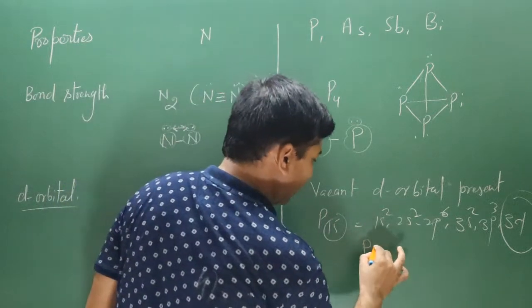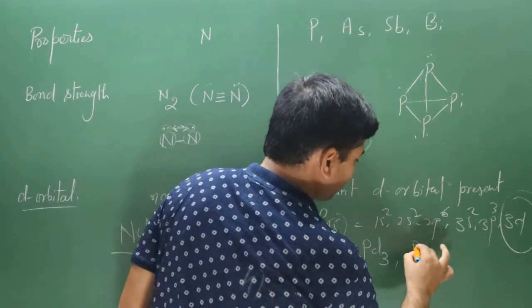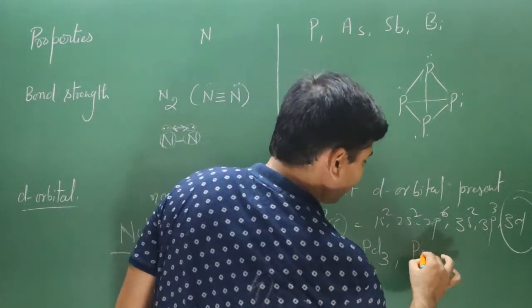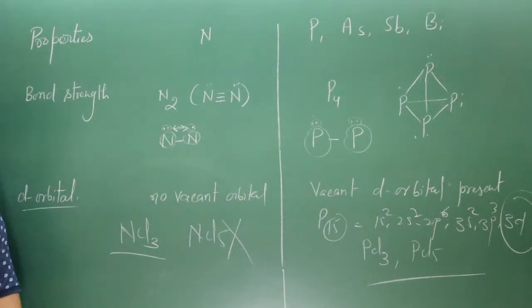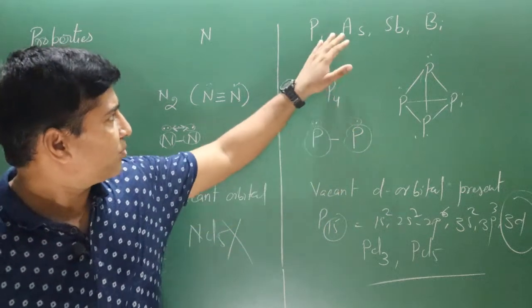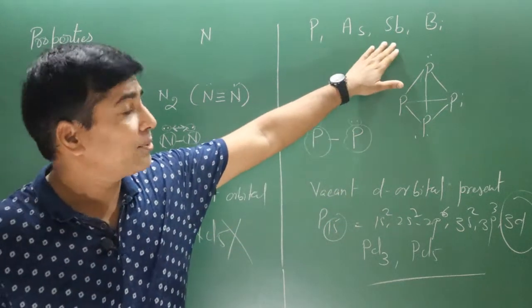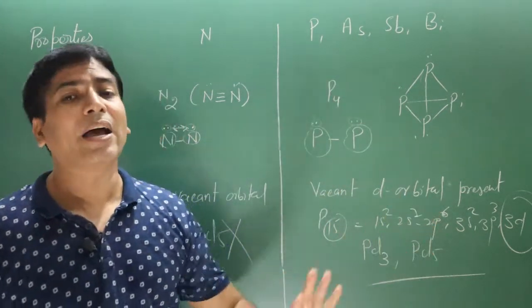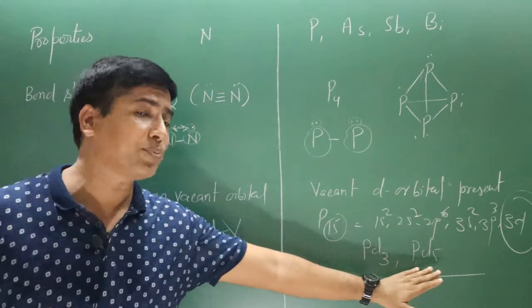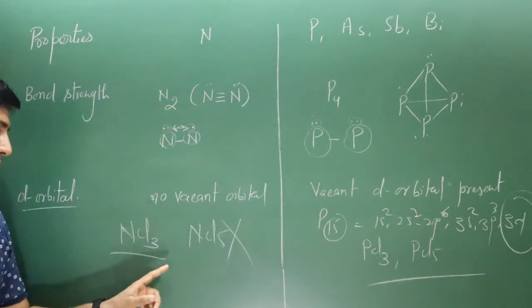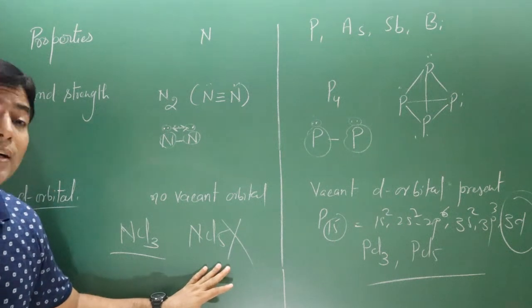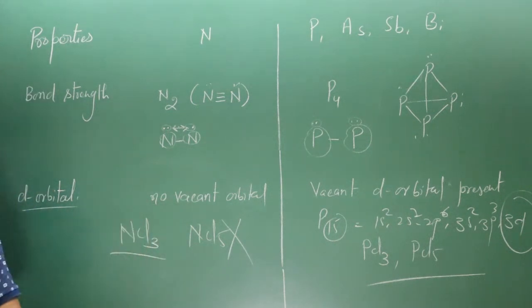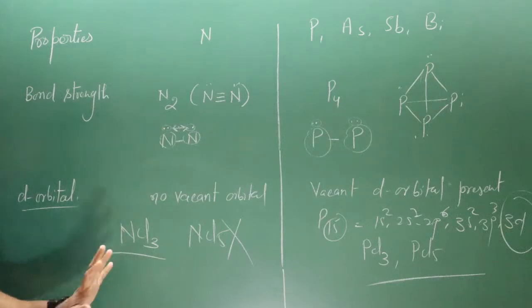As a result, they can form trihalides and pentahalides also. Both kinds of compounds they can form easily. So these elements, especially phosphorus, arsenic and antimony, can form trihalides as well as pentahalides. Due to the absence of vacant d orbitals, pentahalides are not possible for nitrogen because it cannot do extended overlapping. Only trihalides are possible.